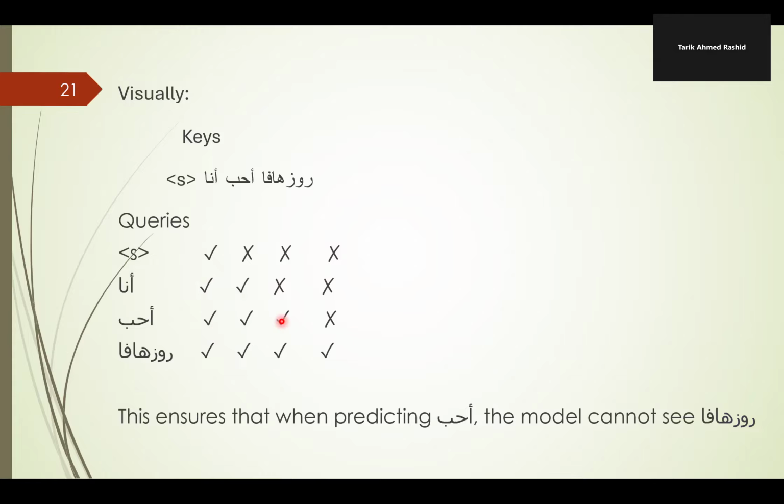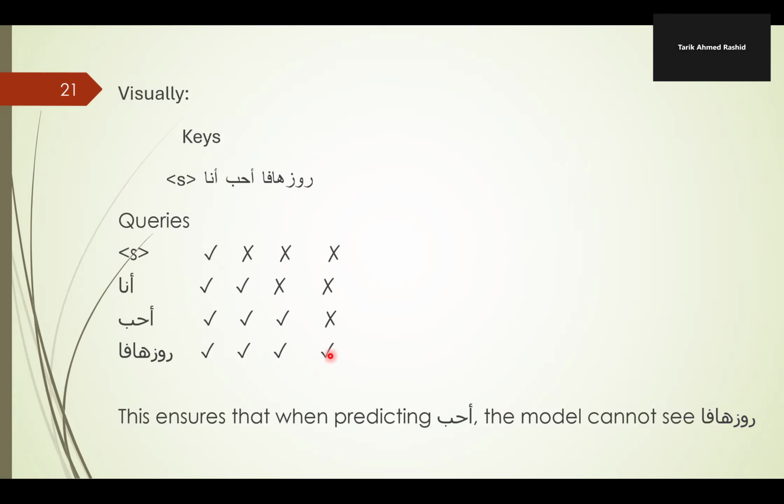Ahab can see itself, which is the third feature, can see Ana, its previous, and also the start token. For Rojava, all tokens are seen because there is no other token after it. Because the whole sentence is completed, there is no future, so that's why everything is ticked.